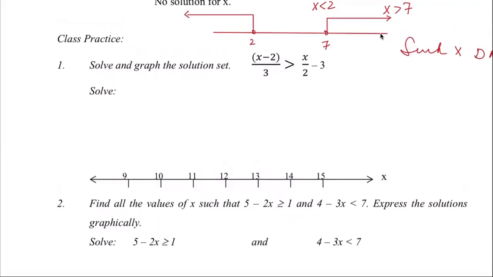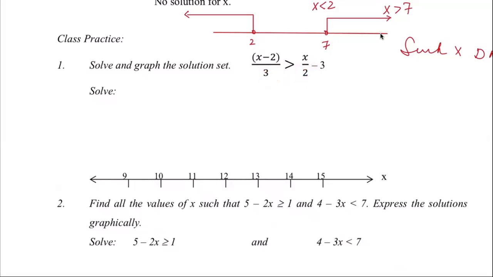When we look at this inequality, my first instinct tells me to multiply by 6 on both sides of the inequality because I want to get rid of the denominators of the fractions, right? On the left-hand side, I have a 3. On the right-hand side, I have a 2.